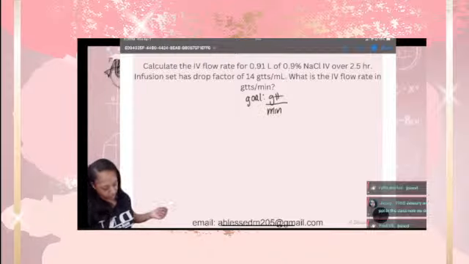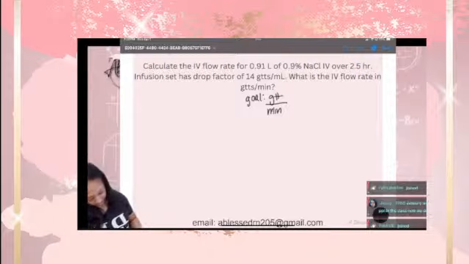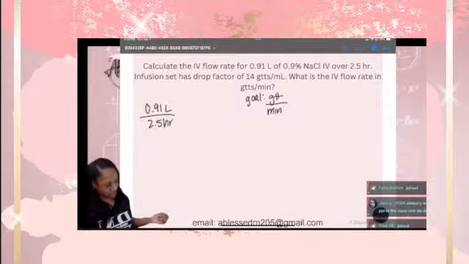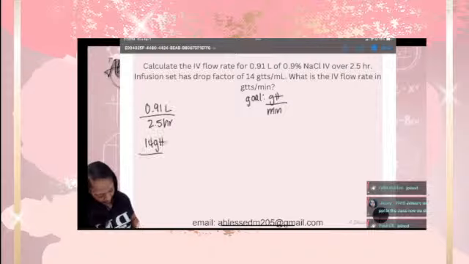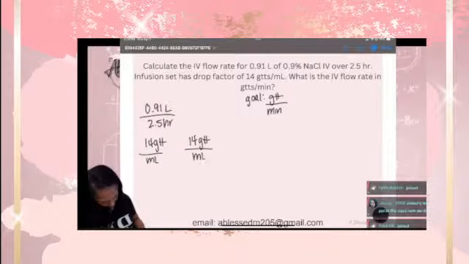Okay, so we've got 0.91 liters over 2.5 hours, and our drop factor is 14 drops per mL. We need drops on the top and minutes on the bottom. Let's do it. 14 drops per mL, and we've got milliliter on the bottom. We need milliliter on the top.